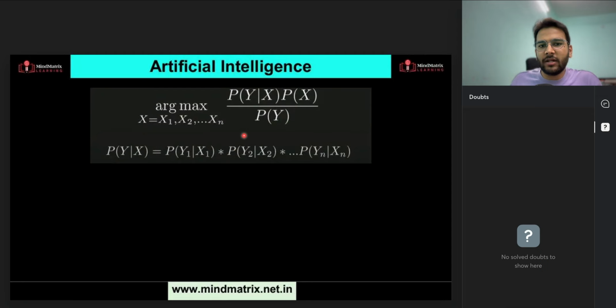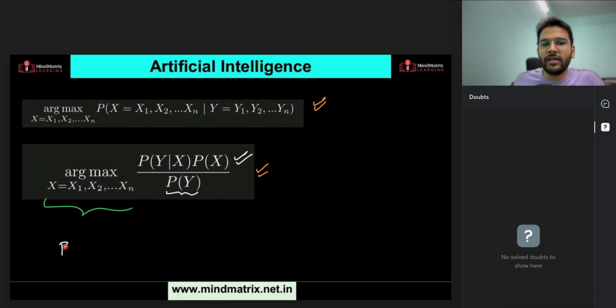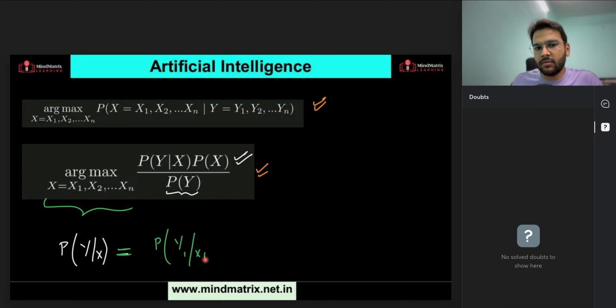So for the numerator, probability of y given x, how can you write it? Just now we have seen, we can write it like this, right? That is nothing but probability of y1 given x1, multiplied by probability of y2 given x2.